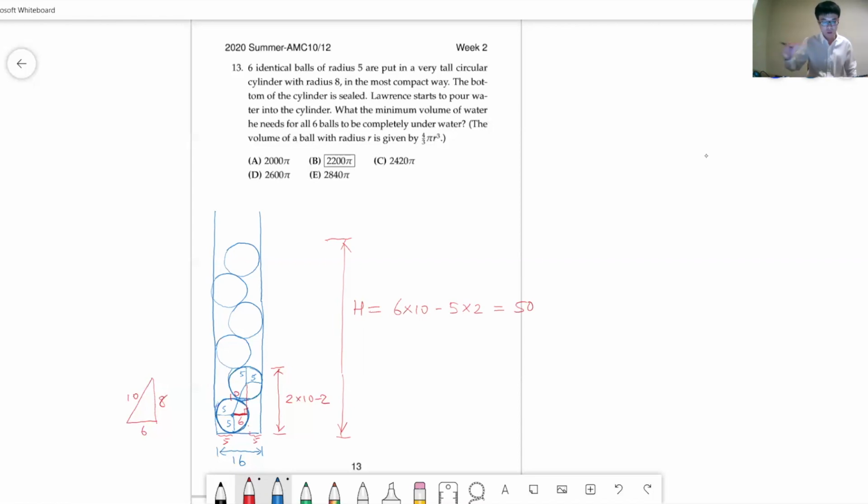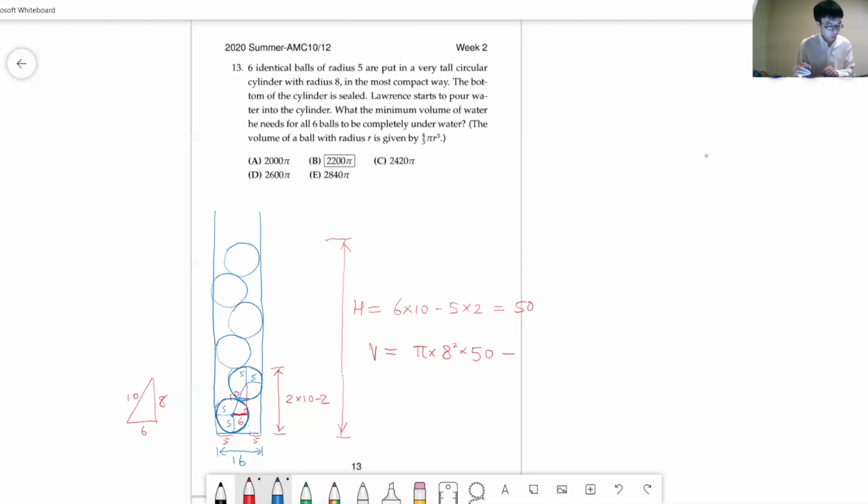Now we pour the water into the cylinder. The volume of the cylinder with height 50 is equal to pi times r squared, r is 8, times the height, 50. And then we minus the volumes of those balls.